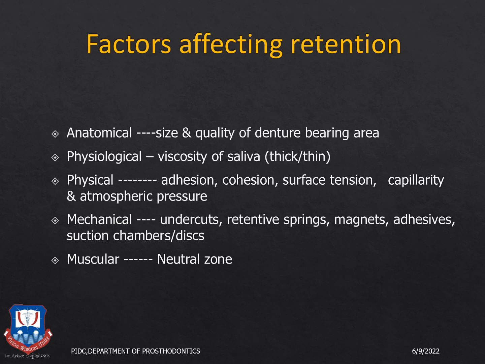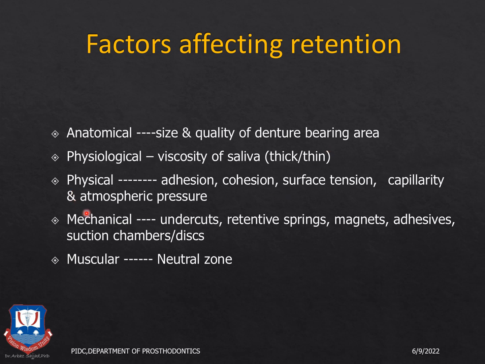And the factors that affect retention are, of course, anatomic, that is the size and quality of the denture bearing area. The larger the denture bearing area, that is in large jaws, the retention is better than in smaller arches. Then physiological, that is the viscosity of the saliva plays a pretty decent role in denture retention. A thick viscous saliva offers poor retention, whereas thin serous saliva aids in the retention of the prosthesis.